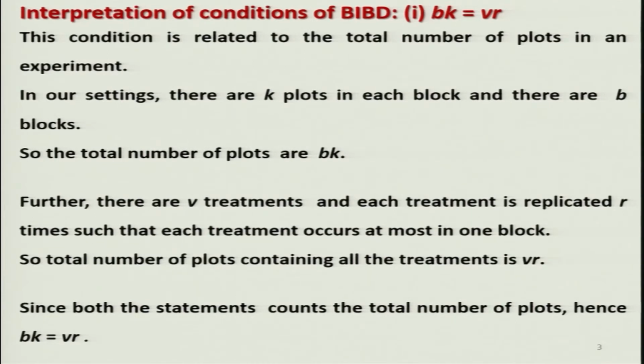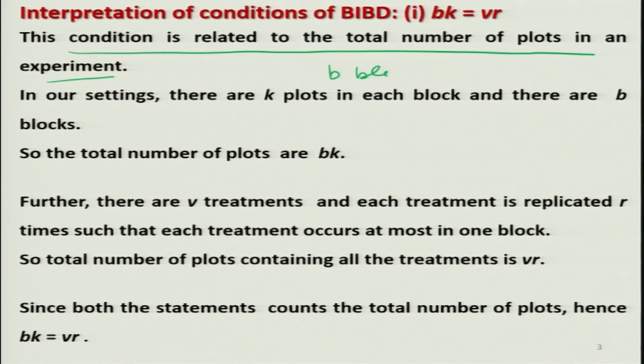Right. So first let us try to attempt the property bk is equal to vr. This condition is related to the total number of plots in an experiment. How? Now if you try to see in this BIBD, we have considered b blocks, and each of the blocks has k plots.